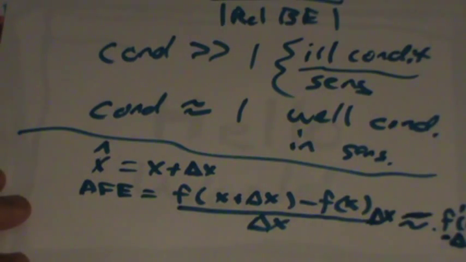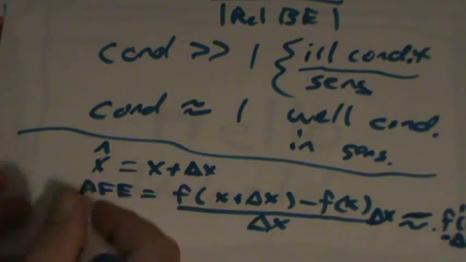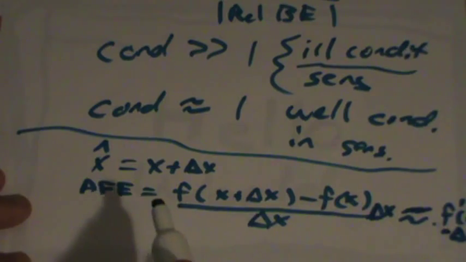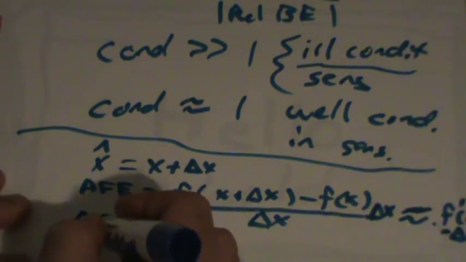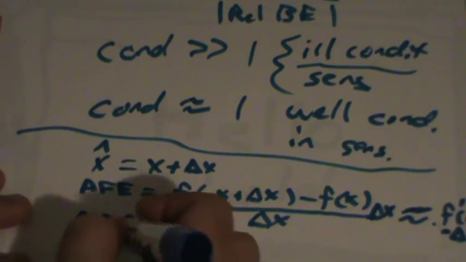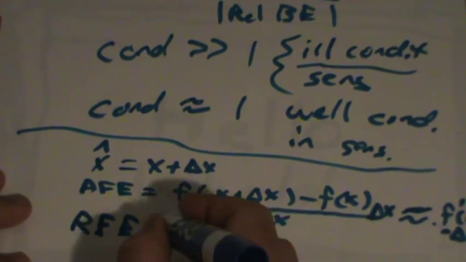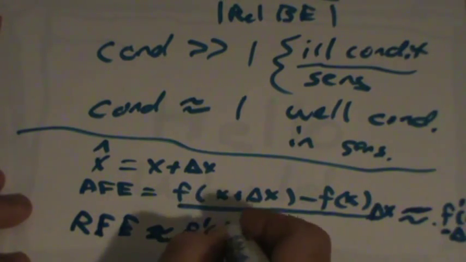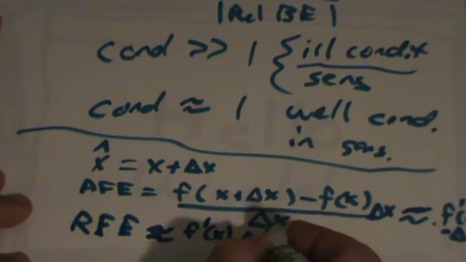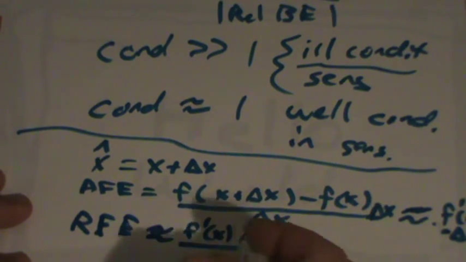Then I can take that and divide it by f of x, and that gives me my relative forward error. So relative forward error is going to be pretty close to f prime of x times delta x, all divided by f of x.